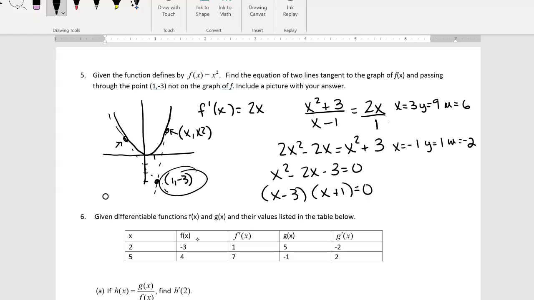So here we would have y minus 9 equals 6 times x minus 3. That would be one answer. And y minus 1 equals -2 times x plus 1. All right? Hopefully that helps. You will see stuff like that again down the road.